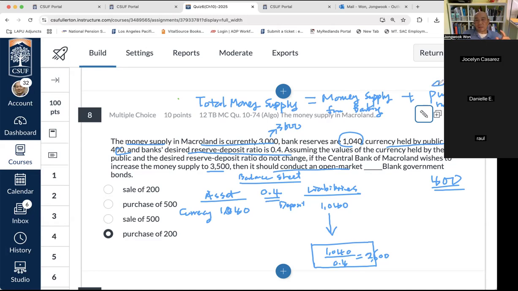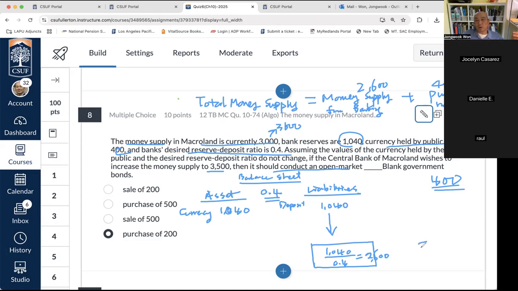Currently this is 400, and this is 2,600. So that is 3,000. So the Federal Reserve wants to increase this to 3,500, 500 more. Then they should what? Open market operation, right? Increase money supply.